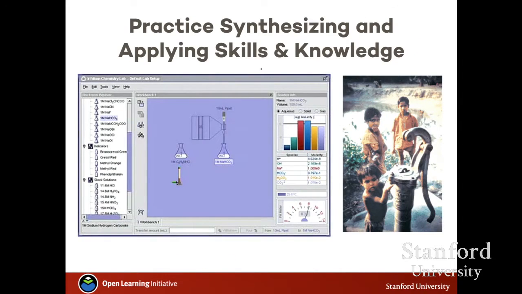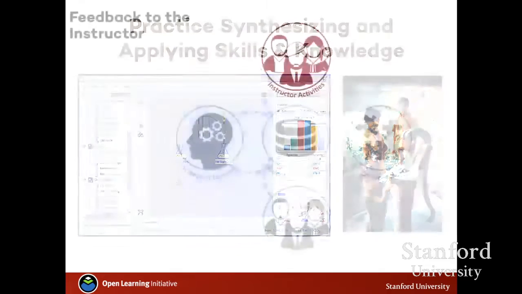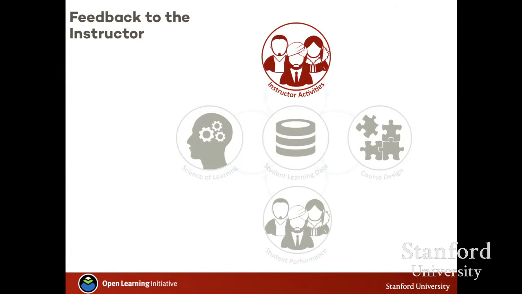We can also not just do it to build procedural skills, but also to build conceptual understanding, like being able to take a bunch of discrete skills, synthesize them, and apply them in a new context. This is in a chemistry course, but I'm not going to go into great detail because I want to get to the discussion part. The other feedback is to the instructor.